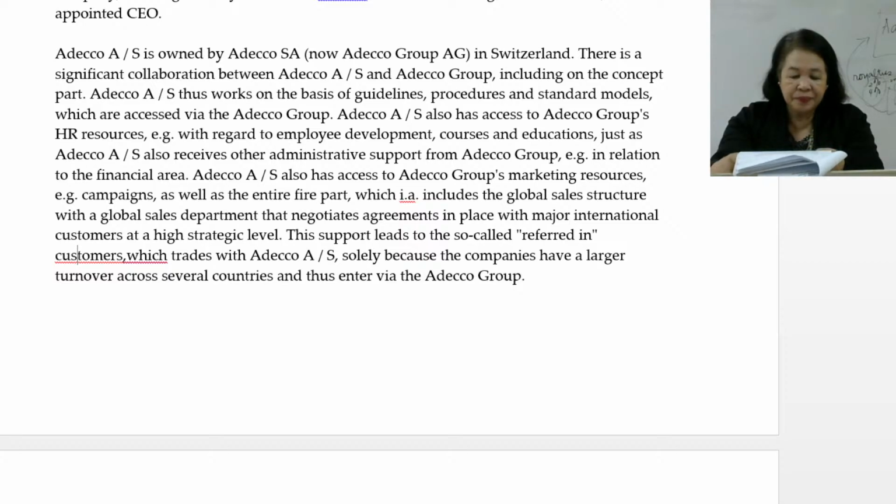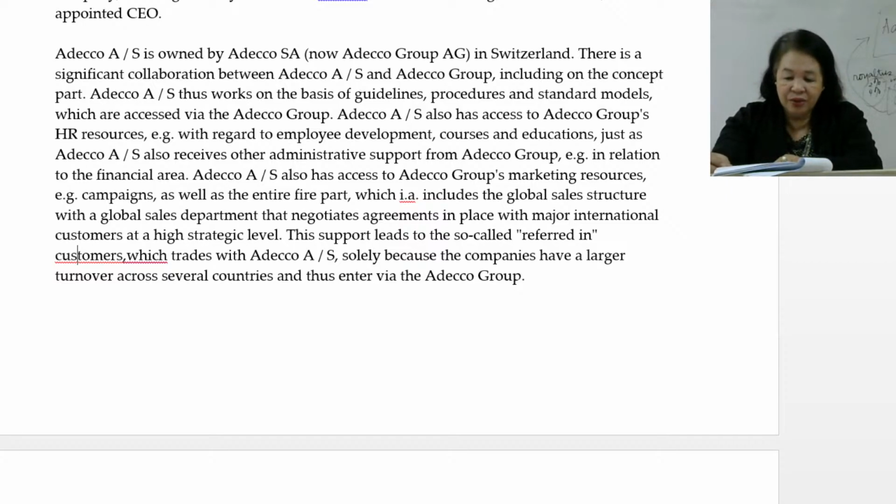Competitive ka. This support leads to the so-called referred-in customers, which trade with Adecco AS solely because the companies have a larger turnover across several countries and thus enter via the Adecco Group. So ano naman yung pinapatunayan dito ni Mickey Mayman, yung sabi niya dito, the companies have a larger turnover across several countries and thus enter via the Adecco Group.